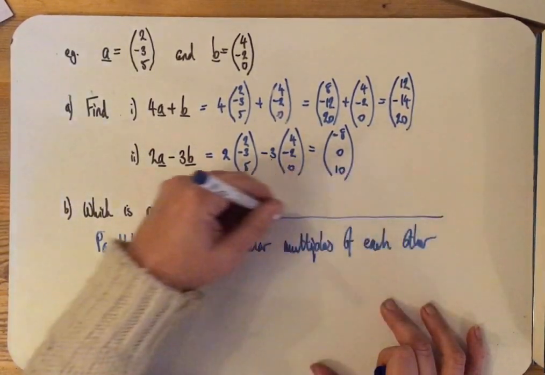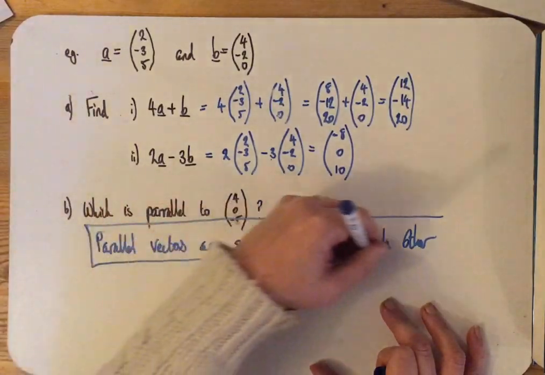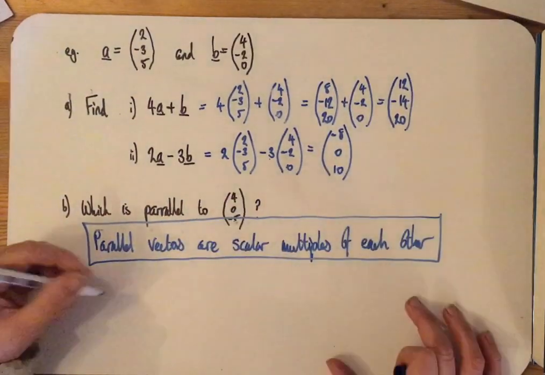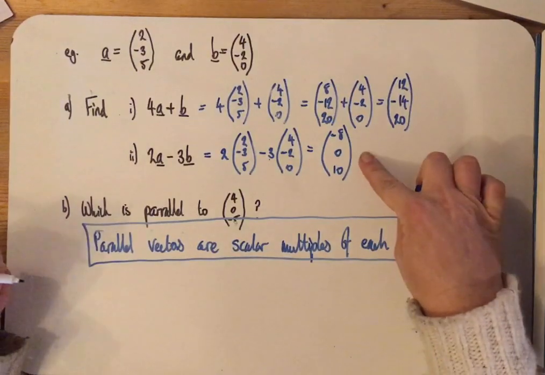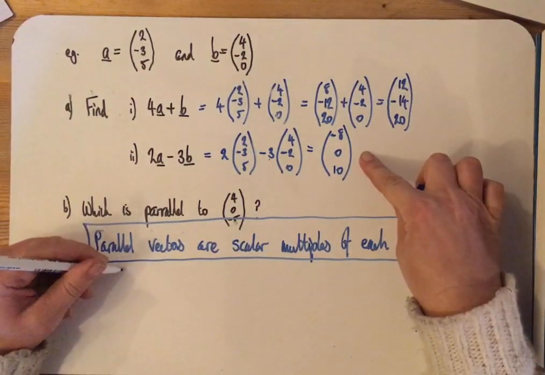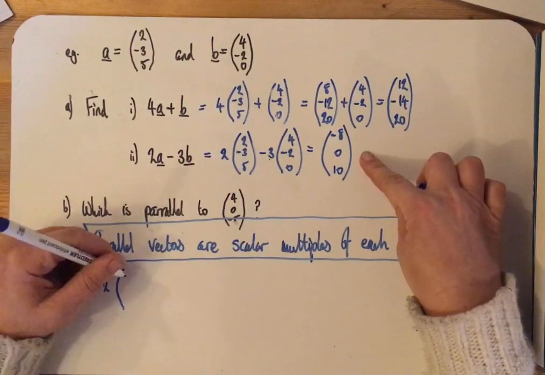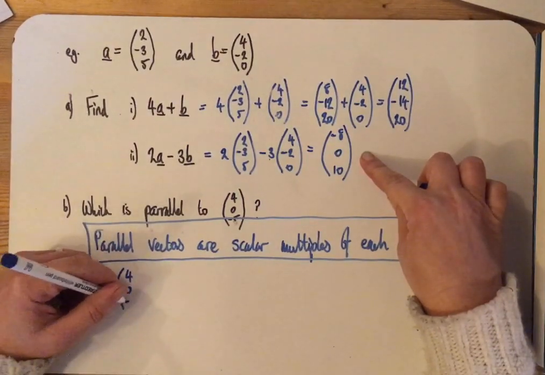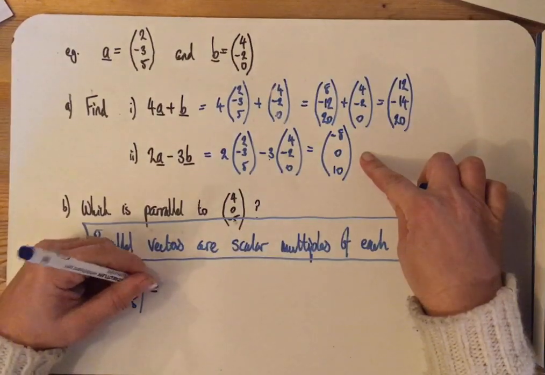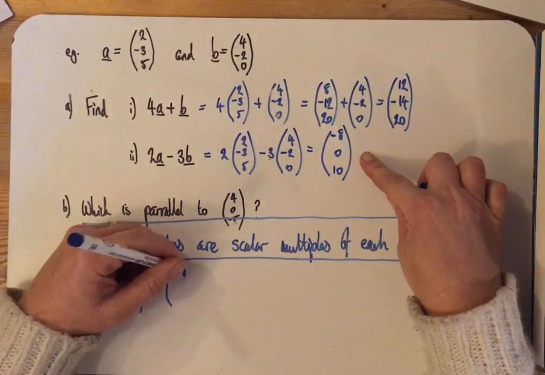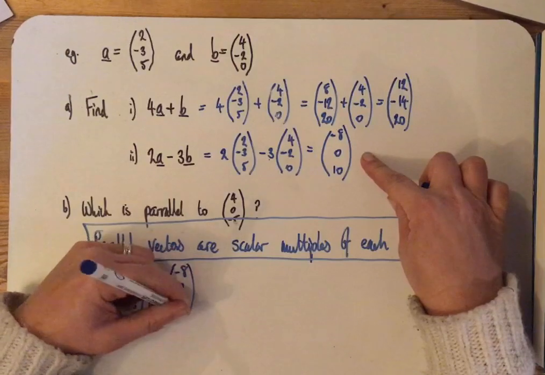So that's kind of one for your notes. And so because this one here, minus 2 lots of (4, 0, -5) equals (-8, 0, 10).